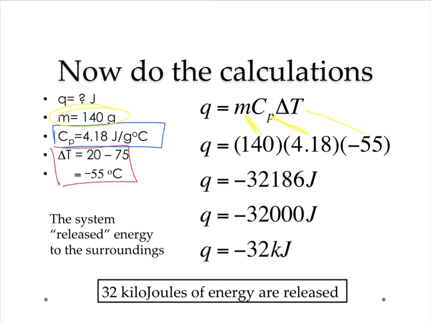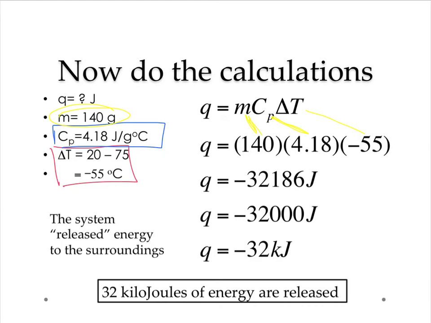Do the calculation out. We get negative 32,186 joules, which is kind of a big number. If we round that to significant figures, we get 32,000 joules.